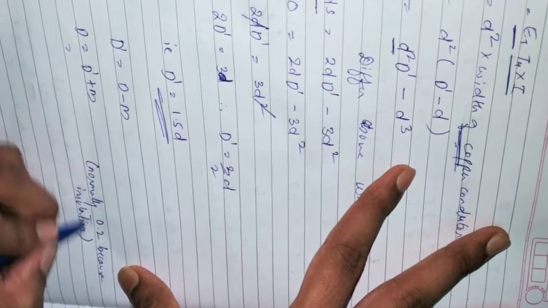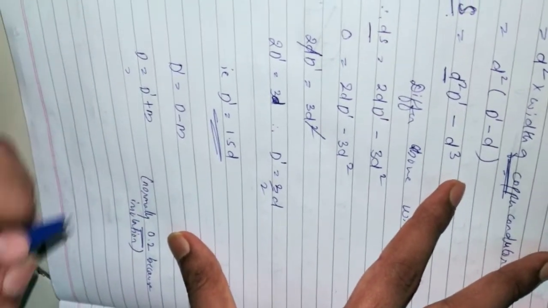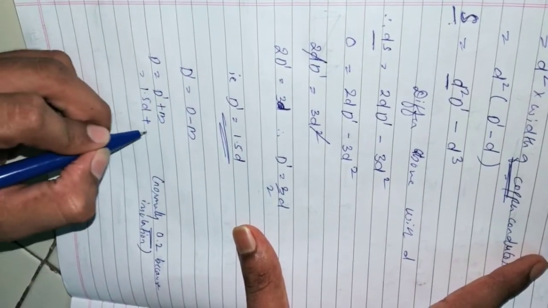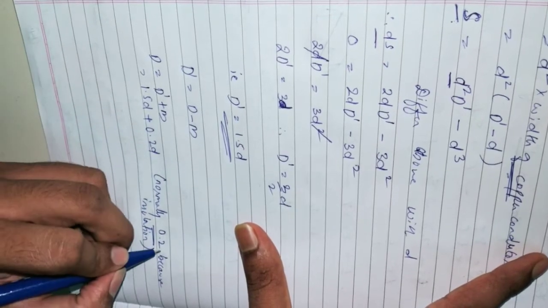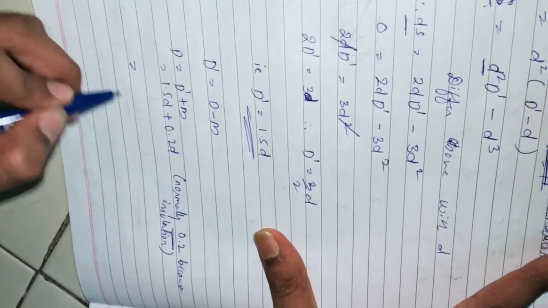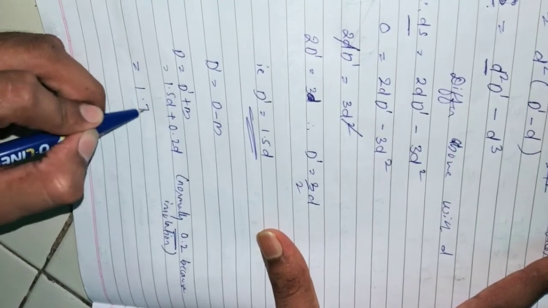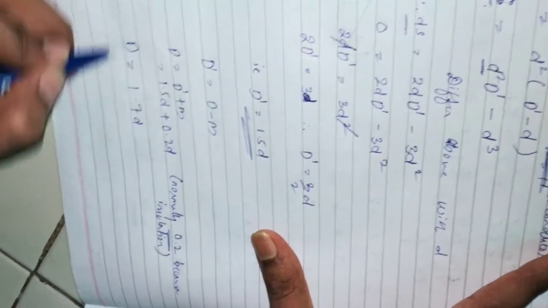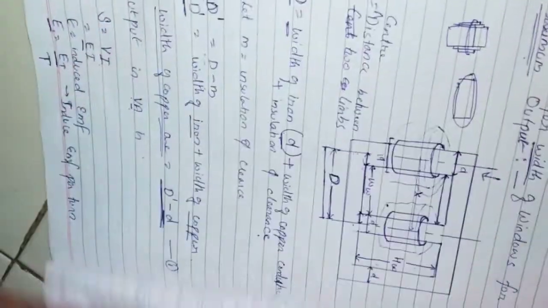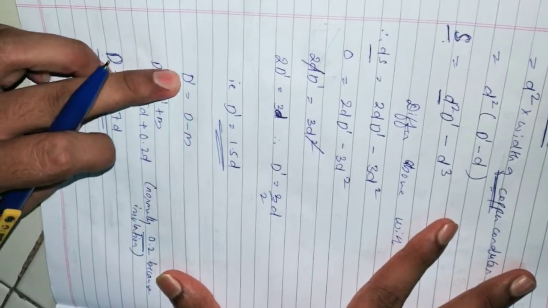It is assumed as 0.2. So it will be 1.5D plus 0.2D, right? So it will be 1.7D. So we get D, that means the distance between two limbs, and we had also got D dash.